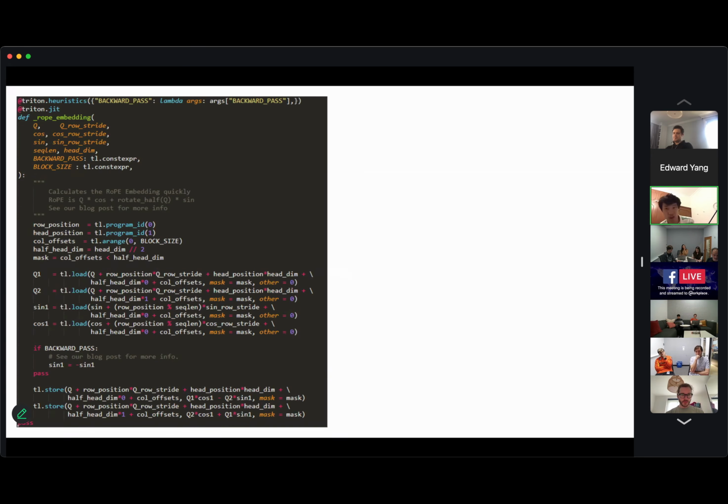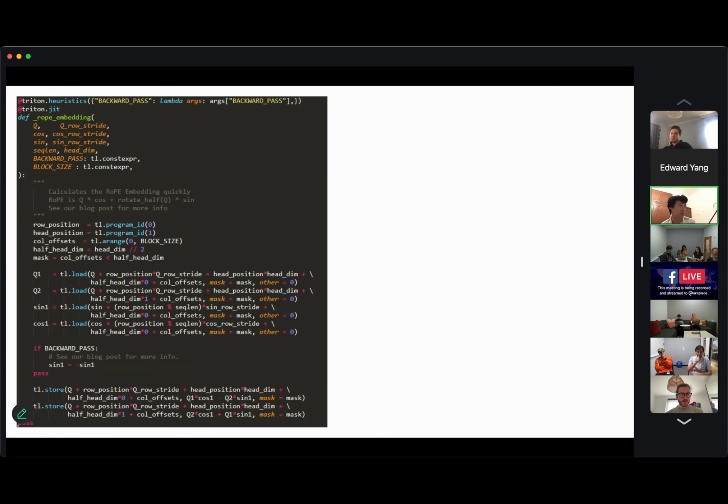The rope kernel is actually my favorite. I was trying to find how to do the rope kernel nicely. This code looks a bit ugly because I just shoved everything into the head positions and all the strides and stuff like this. You can make it look nicer, but this is essentially the rope kernel.